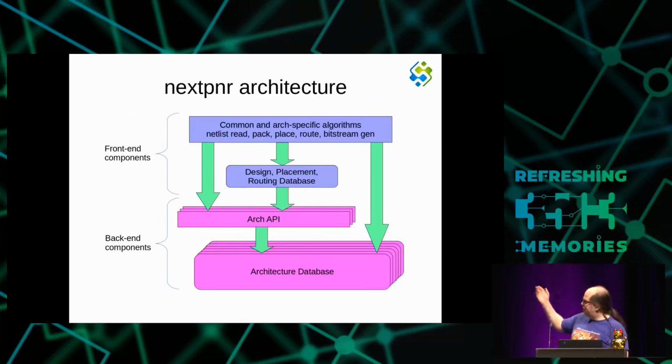And this is indicated in this picture. We see we have a couple of different implementations of that architecture API. But then we have even more architecture databases, because we might have one architecture that has one implementation of the API, but then 5 different databases in the back for the 5 different device types that are available in the family that we are targeting.